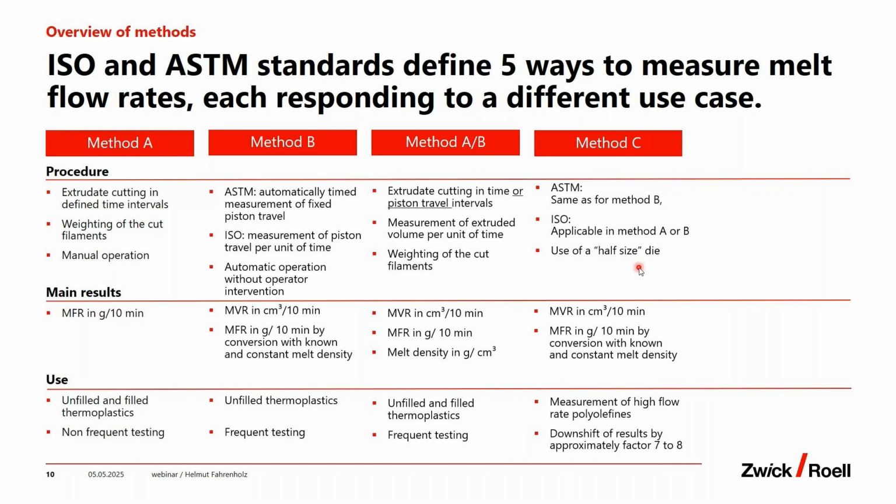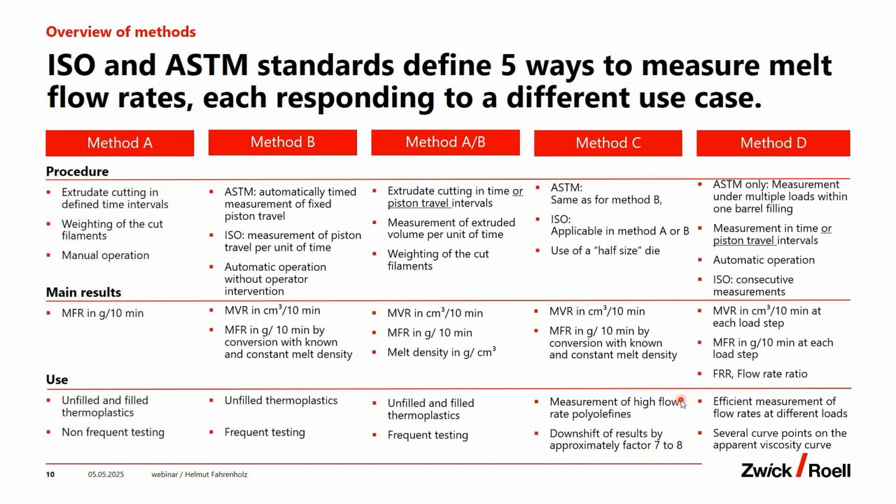You don't have a direct comparability with a standard die, but you can intercompare with people also using this method C half-size die. So it's a way, for example, to work in method A, but to measure very high flow materials. And last but not least, we have the method D, the multi-stage test I explained before.